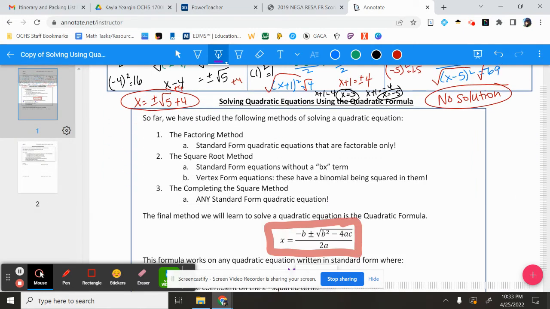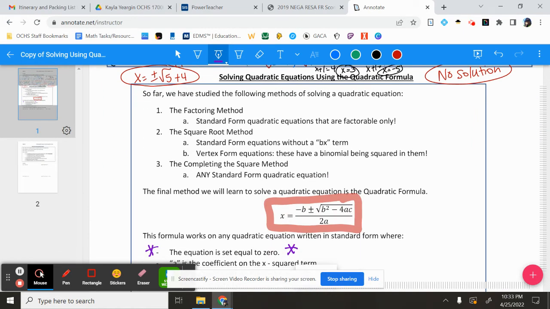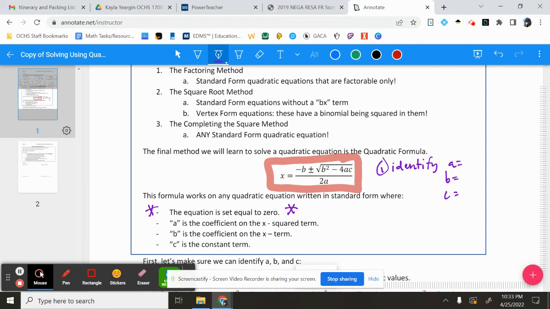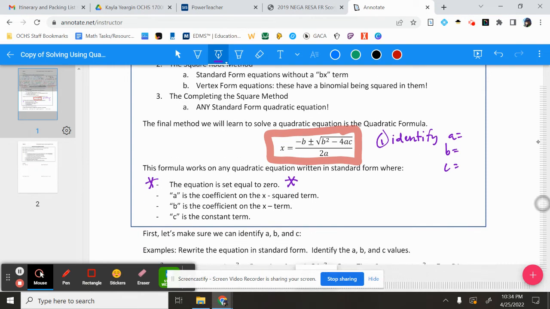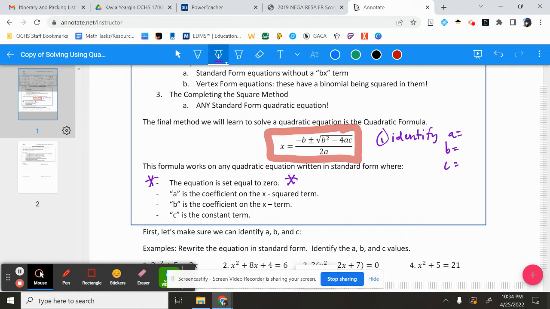So these are the important steps: identify what A equals, what B equals, what C equals, making sure that the problem is equal to 0. Then all you have to do is plug it into the quadratic formula.